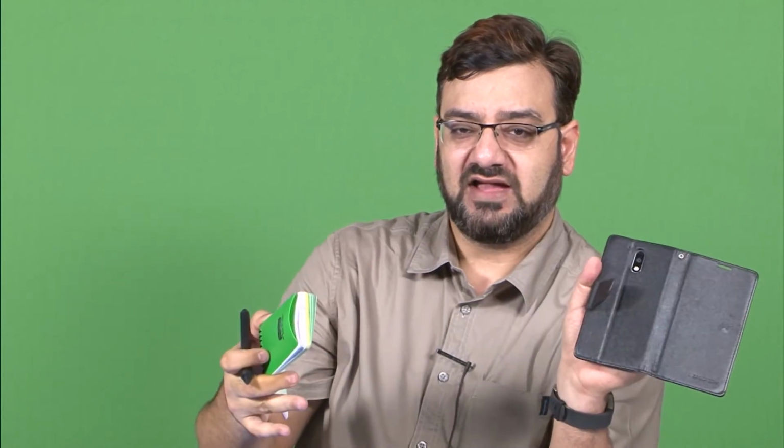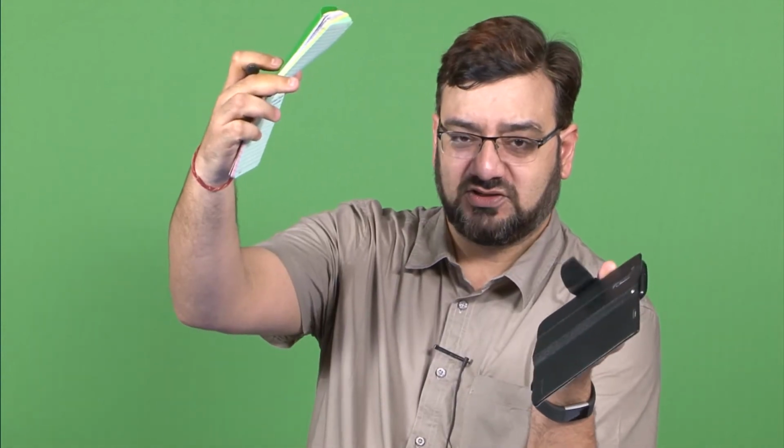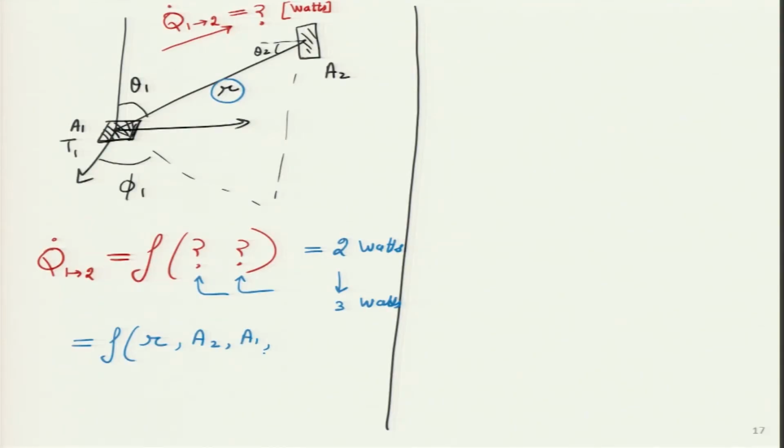So, over here I have increased its surface, made it double. So, it has now become twice of A1. Then this has also doubled, this has also doubled, which means it should also depend on A1. If I increase A1, it will increase q dot 1 2. If I increase A2, it will also increase. If I reduce r, it will also increase.